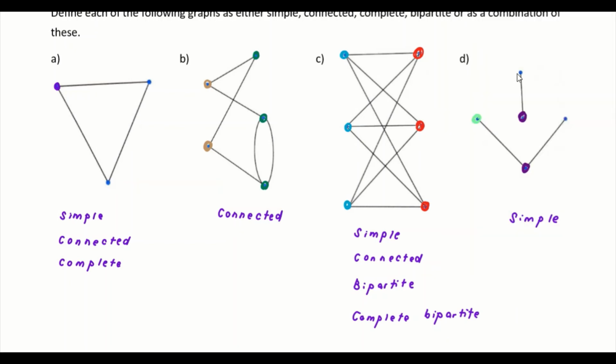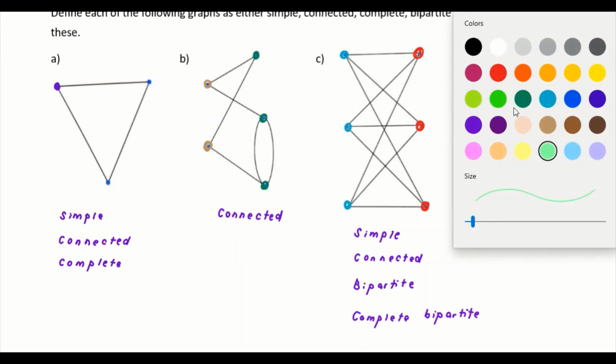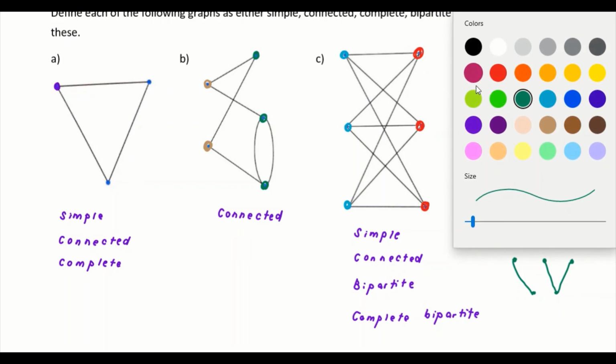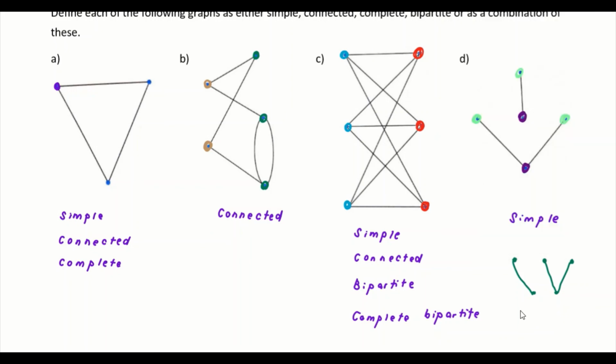So for example, this is 1, 2, 3, 1, 2, 3. If this is the 1, 2, then you have something like this, then the other one goes like this. So this is considered a bipartite graph as well, although it's quite a rare one. Yeah, so this is a bipartite graph.